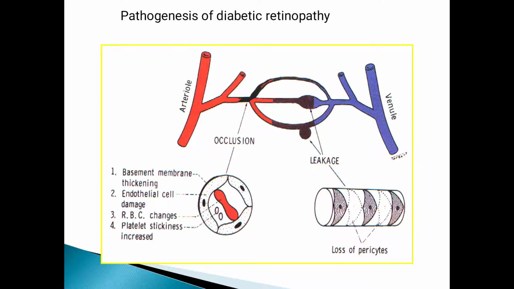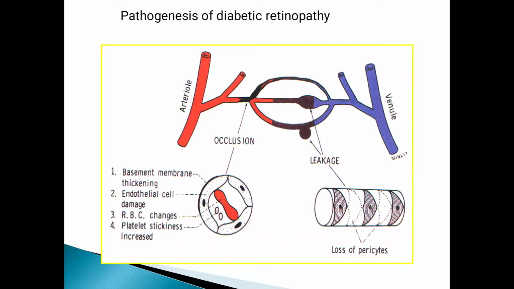So this shows, if you can observe, the red blood vessels are basically arteries, and the blue blood vessels are veins. In between, the arteries divide to form arterioles, and the venules drain into the veins, and in between there is the capillary bed.